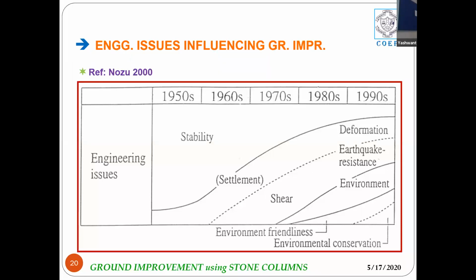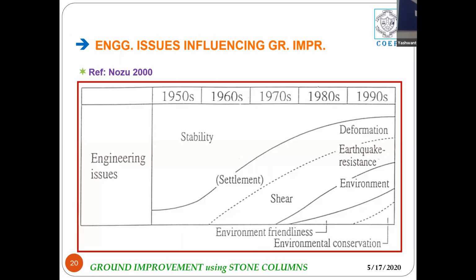Again, from this particular graph that was given by Nuzu in 2000, as I had said in the initial phase itself, initially good sites were available in a big number. So during those days, since we had a good foundation, firm strata, stability was the only criteria. But with the lesser availability of good sites and more poor sites available for construction and the different projects, these different parameters came into existence, like the settlement criteria.